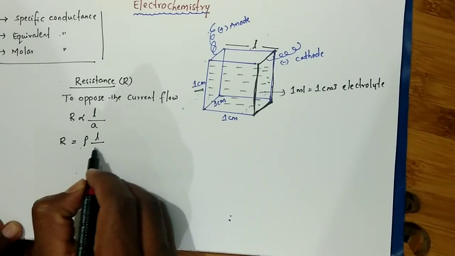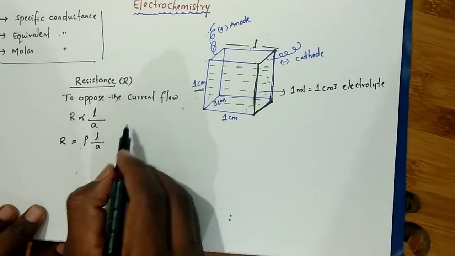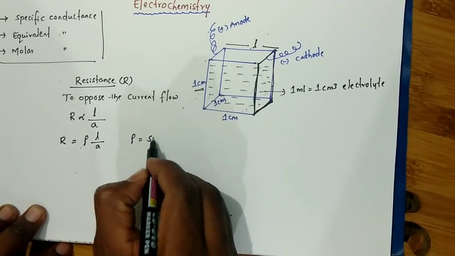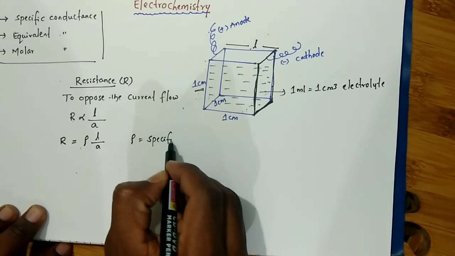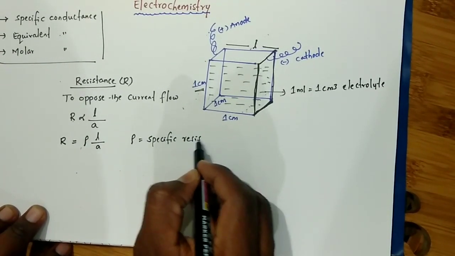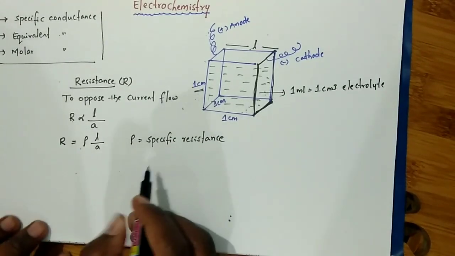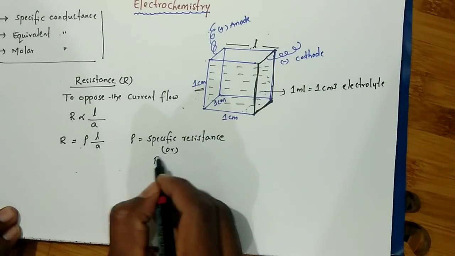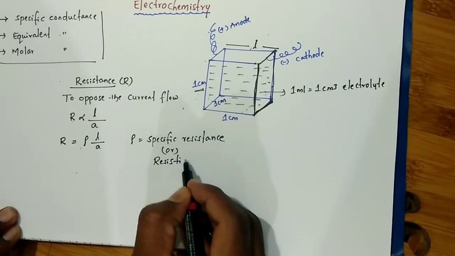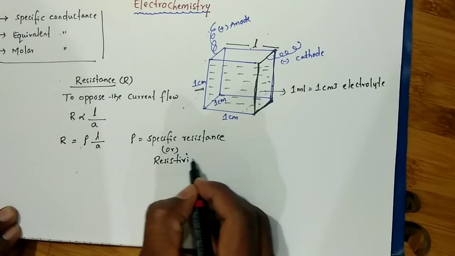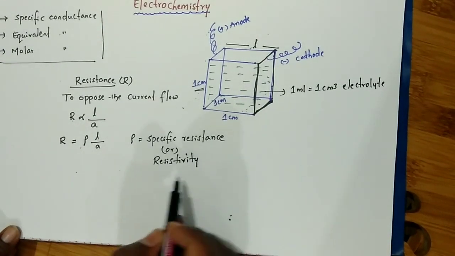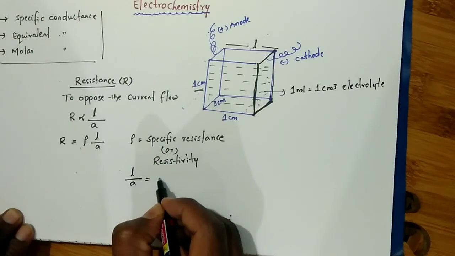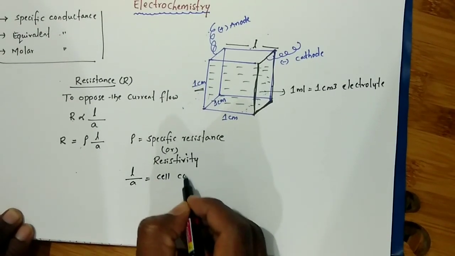The proportionality constant symbol we call rho. Rho is the specific resistance, or we can call it resistivity, and this L by A we term the cell constant.